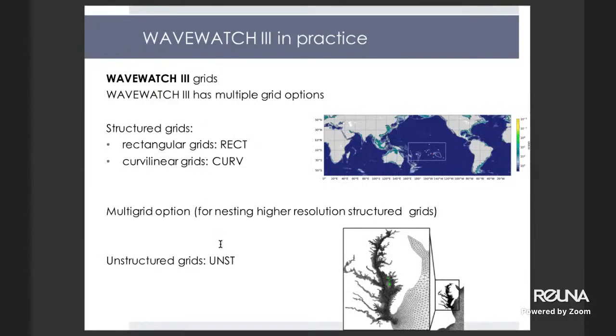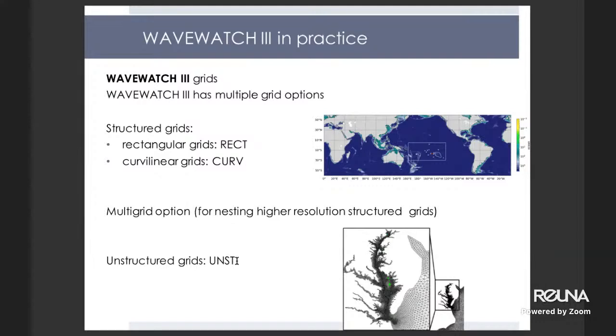And there are also options to run Wavewatch with unstructured grids. So there is also an illustration. It's used for coastal and littoral dynamics, but unstructured grids can be quite complicated, and the numerics are quite different from structured grids.